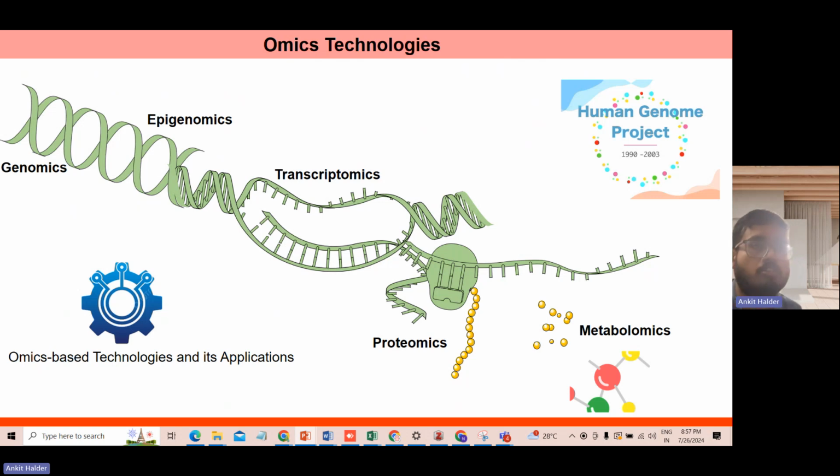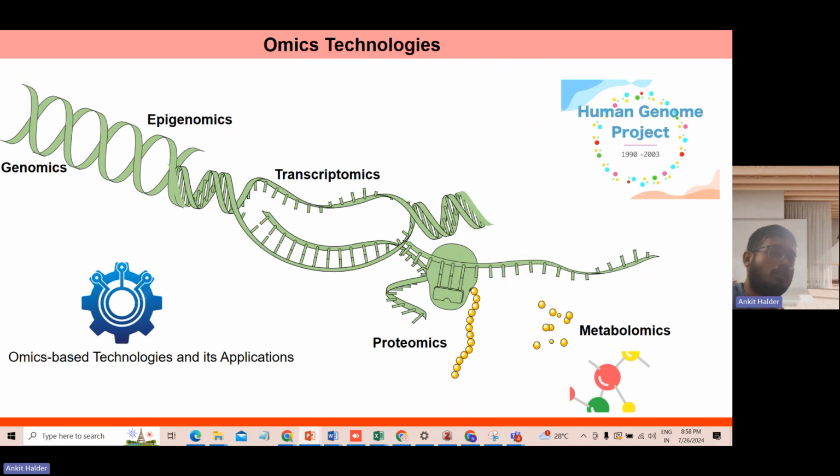So just to give you a brief: it is not today that we have come across this idea that if we can understand the entire set of proteins, we can do something very groundbreaking. It all started when scientists thought that if we understand the genetic sequence, the DNA sequence of an individual, then a lot of problems can be solved and we can tackle many diseases.